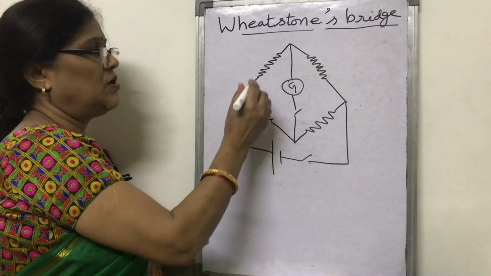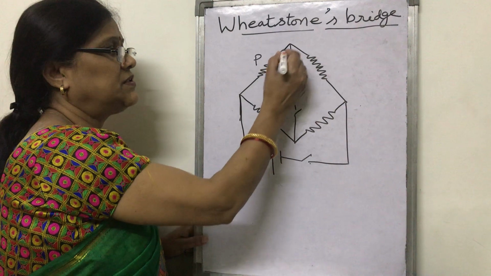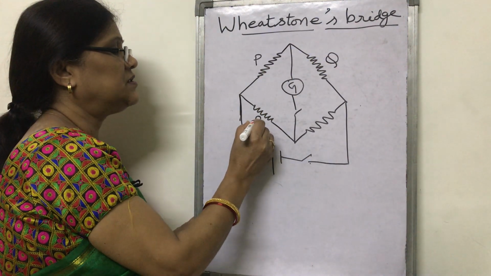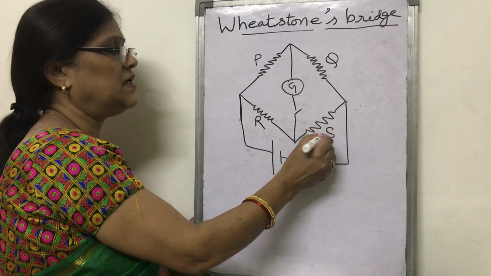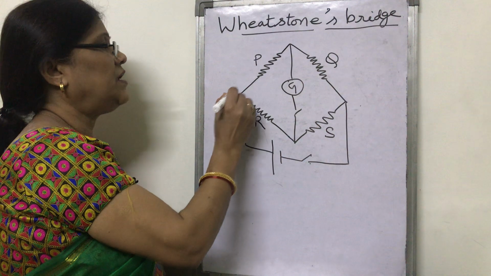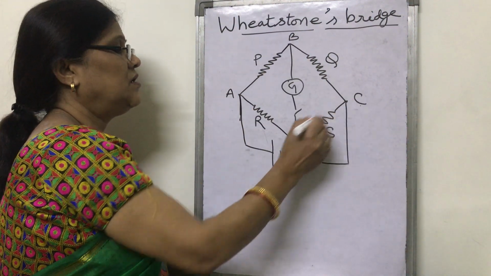Let the first resistance be P, the other resistance Q, then R and S, and I write the junctions as A, B, C, D.